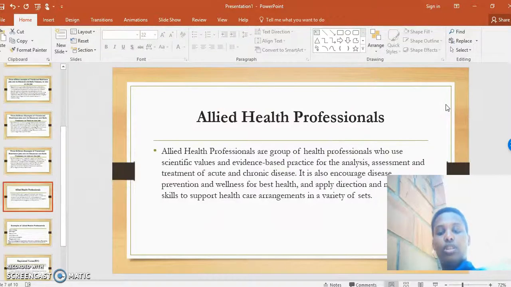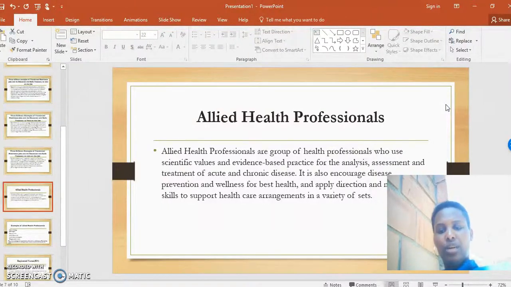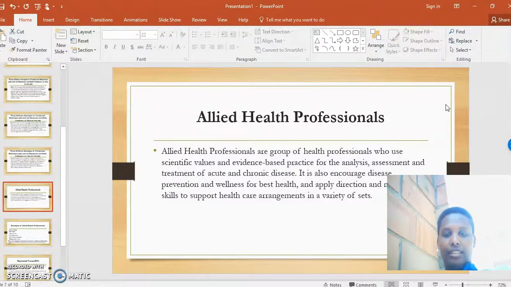It also encourages disease prevention and awareness for best health, being healthier without suffering any disease, and they apply direction and management skills to support healthcare arrangements in a variety of settings.